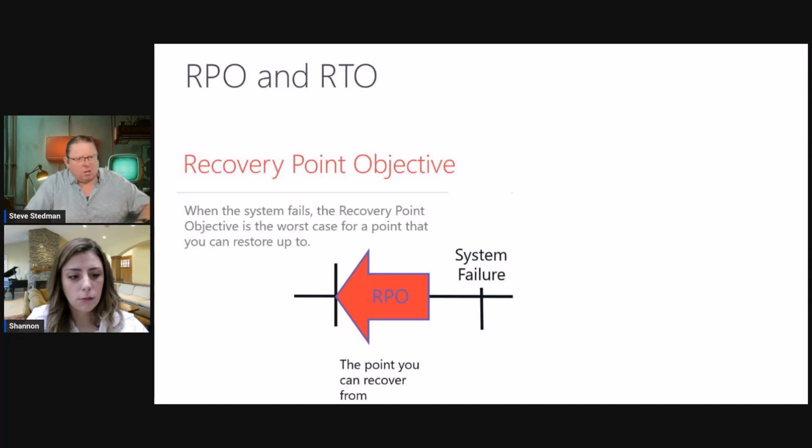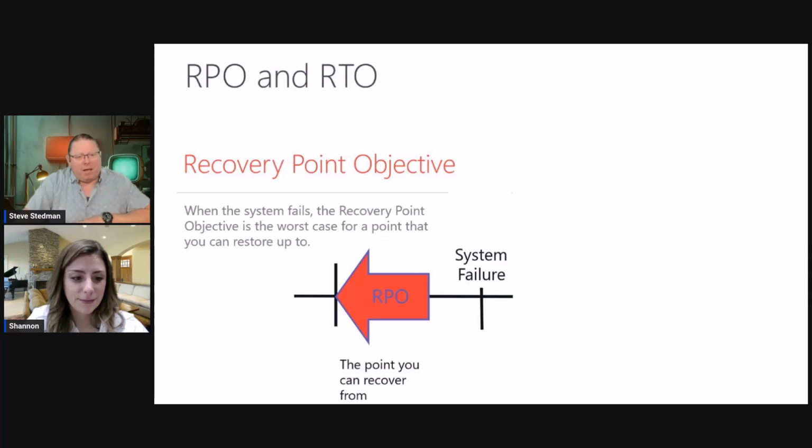So for instance, if it's your bank or your doctor's office or something like that, where if I just do a deposit at the bank and they have a recovery point objective of a week and their system fails, well, they lose a whole week's worth of transactions and a whole week's worth of my deposits in that bank. That's going to make me really unhappy.